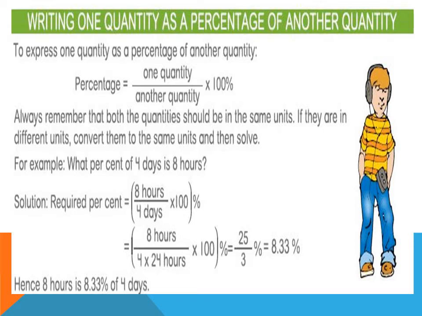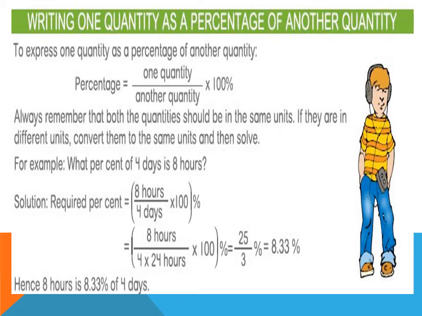For example, what percent of 4 days is 8 hours? So the required percentage will be equal to 8 hours by 4 days into 100%, which will amount to 8 hours divided by 4 into 24 hours. 4 days is equal to 4 into 24 hours.